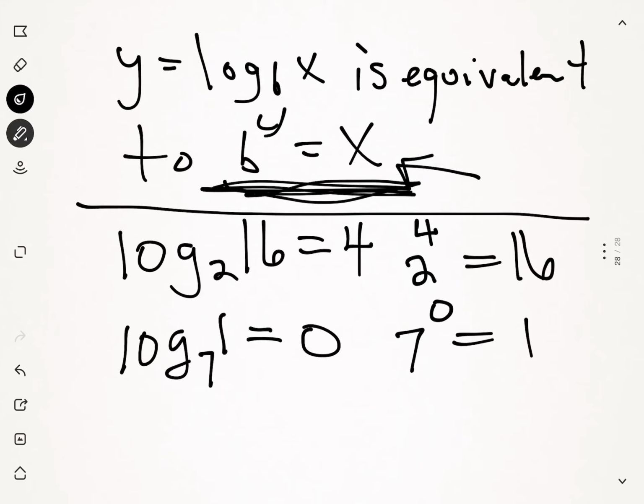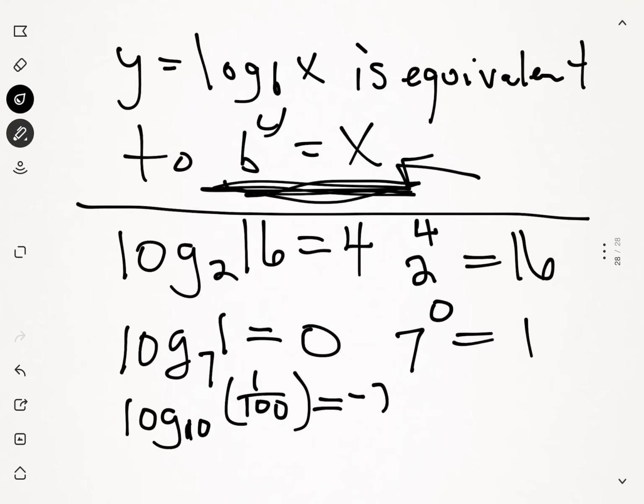Now for a slightly more complicated question, log base 10 of 1 over 100 equals -2. So I'm rewriting that over again.